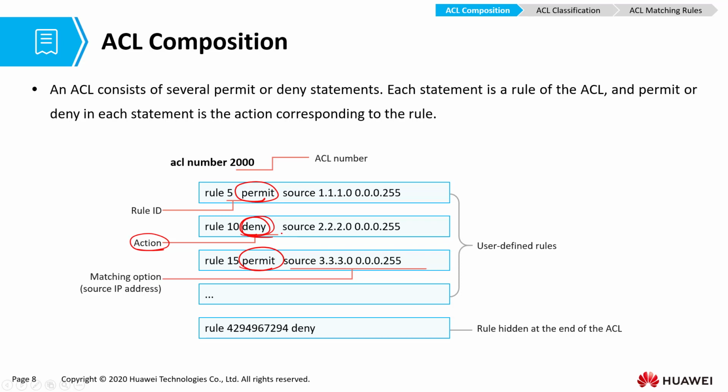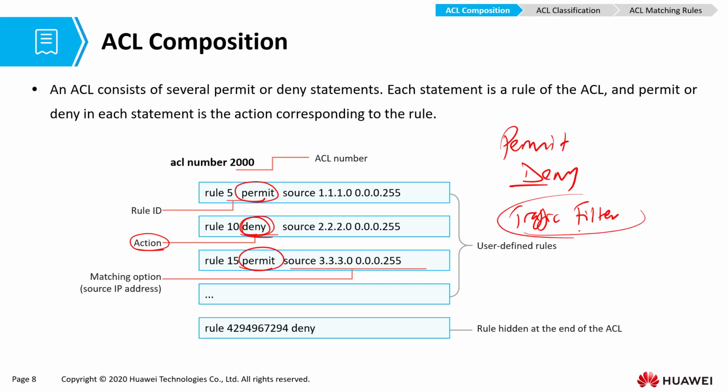And so the meanings of the words permit and deny are going to vary depending on the scenario. For example, when we apply an ACL to a traffic filter, which is going to be the application we shall use in this example, what we mean is that the ACL is invoked in traffic filtering. In this case, the permit action allows traffic to pass through, and the deny action rejects the traffic from passing through.